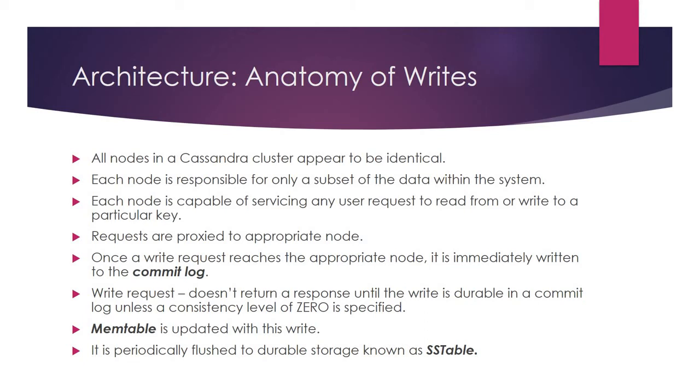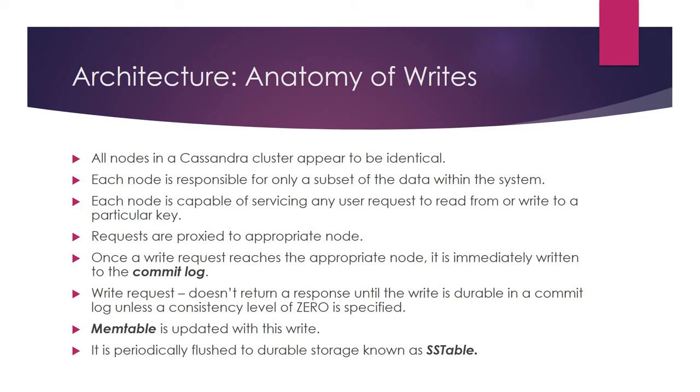Okay, we're going to talk about the architecture of Cassandra in this slide. Firstly, we're going to look at the anatomy of writes. To the end user, all the nodes in the Cassandra cluster appear to be identical. What does it mean?